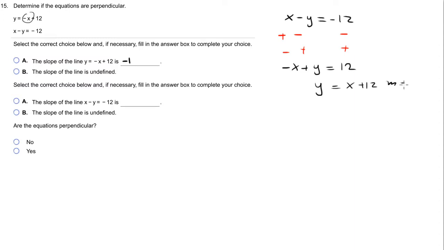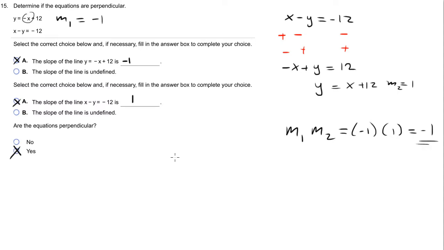This slope is 1. And my first slope was negative 1. Let's multiply them together. We get a negative 1. Are they perpendicular? Yes. Slope is 1. This slope is 1. And they're perpendicular. Perpendicular means they multiply to negative 1.